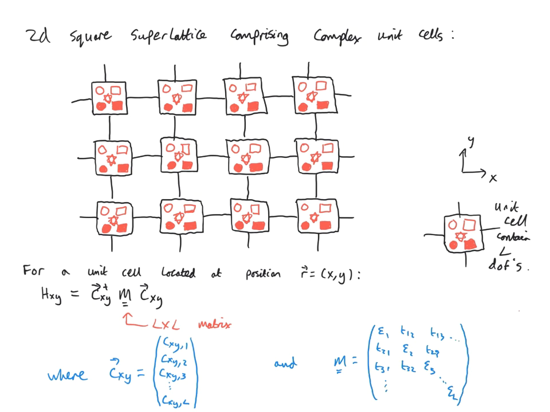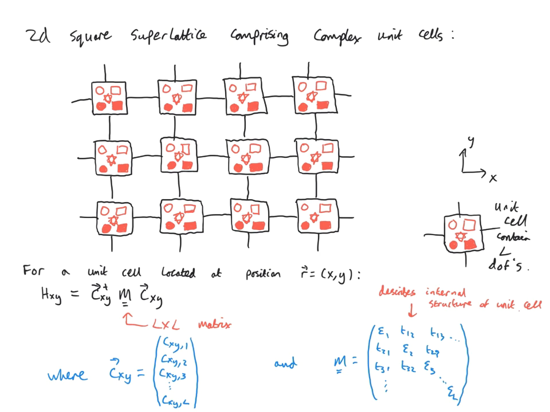So this matrix describes the geometry and the structure and the tunneling matrix elements and the energies and everything. It describes the internal structure of the unit cell. So that's the Hamiltonian that we have for the unit cell.